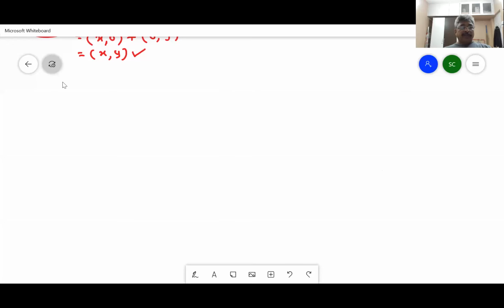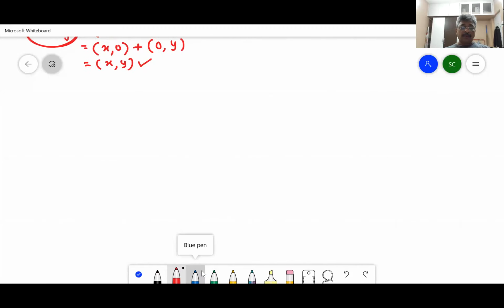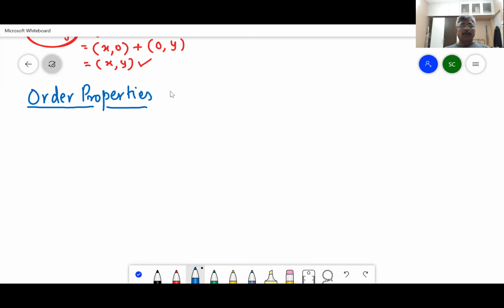Now the next question will be, what about the order properties? O1, O2, O3.